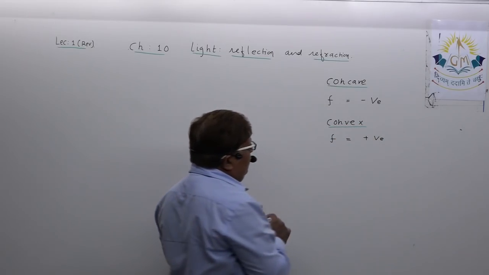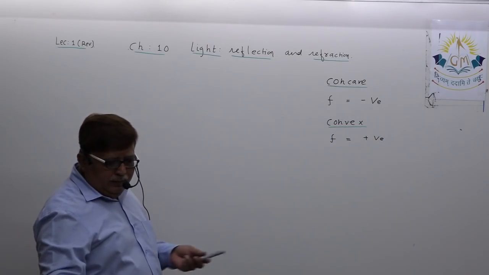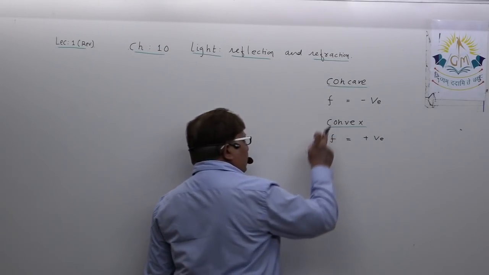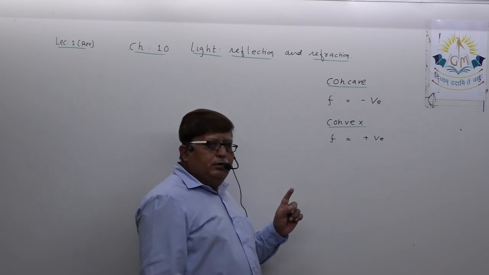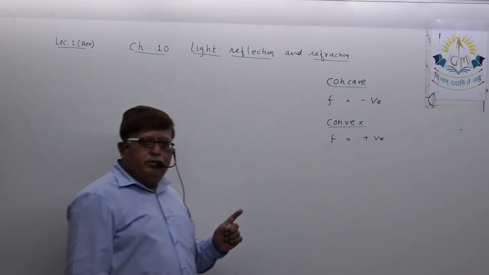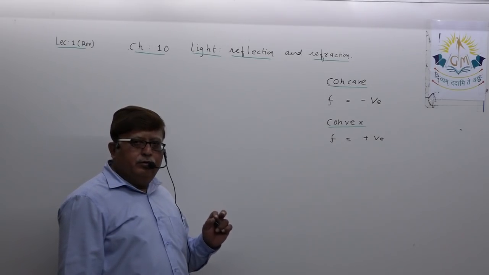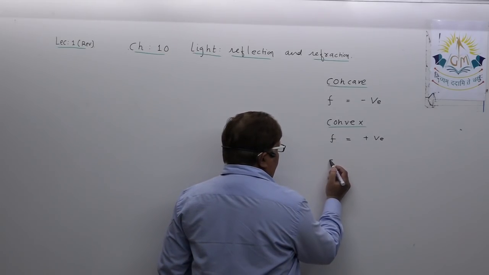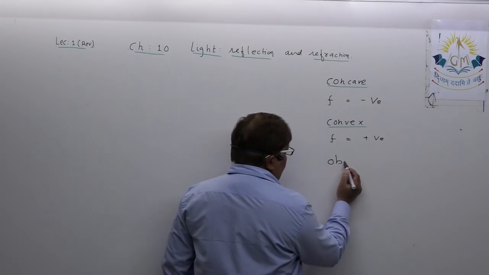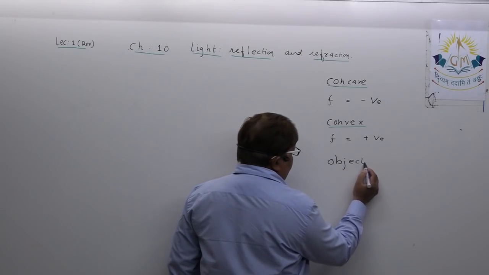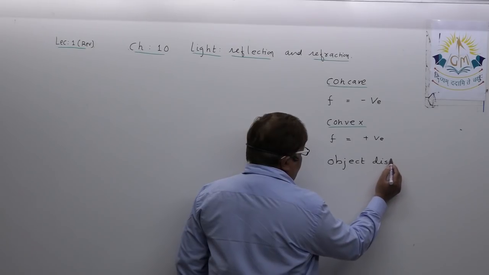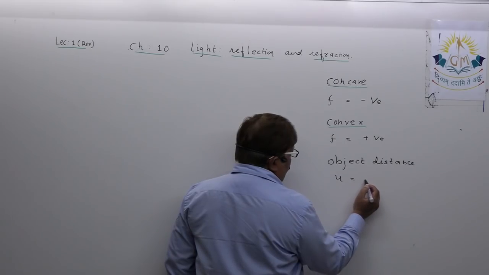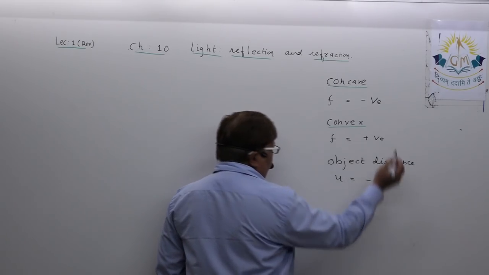one another important point I need to mention to you is that for any mirror, either concave mirror or convex mirror, whatever, this is always negative. Please remember, object distance u is always negative.